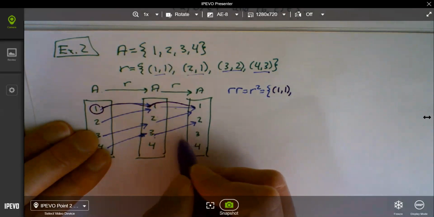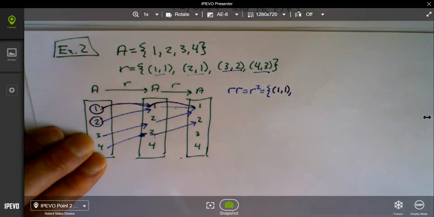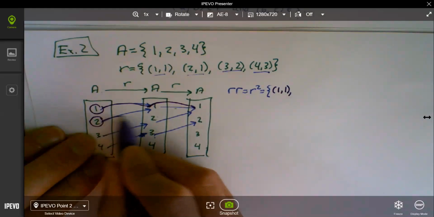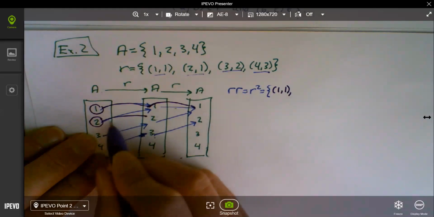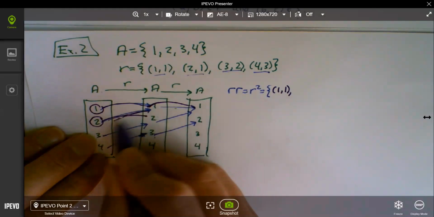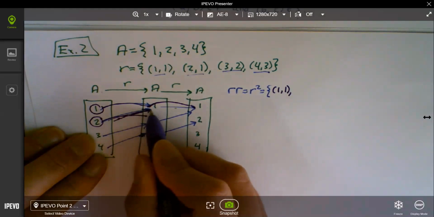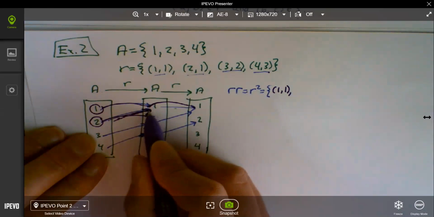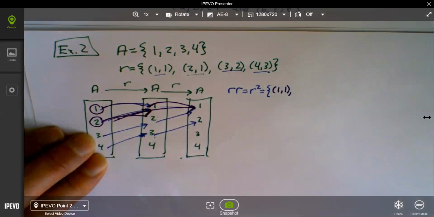So let's look at starting at 2 in the leftmost column. That points to 1 in the middle column, which then points to 1 in the last column.